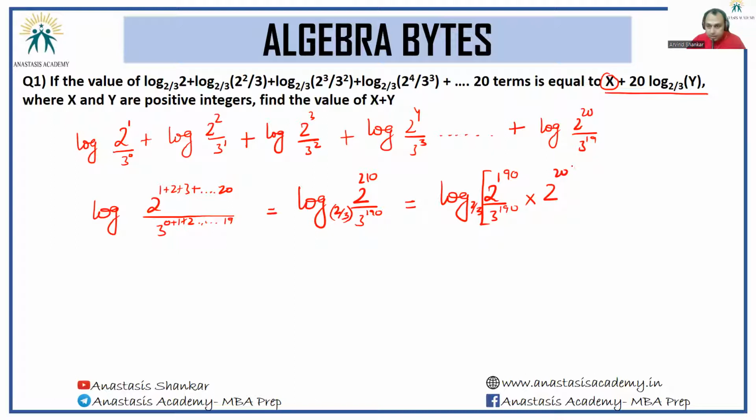2 raised to the power 20, which will break into, 190 comes to the outside. These terms I will separate, but because they're multiplied, now they will be added up. 190 times log of 2 by 3, plus 20 times log 2 to the base 2 by 3, which happily tells me this portion is 1.